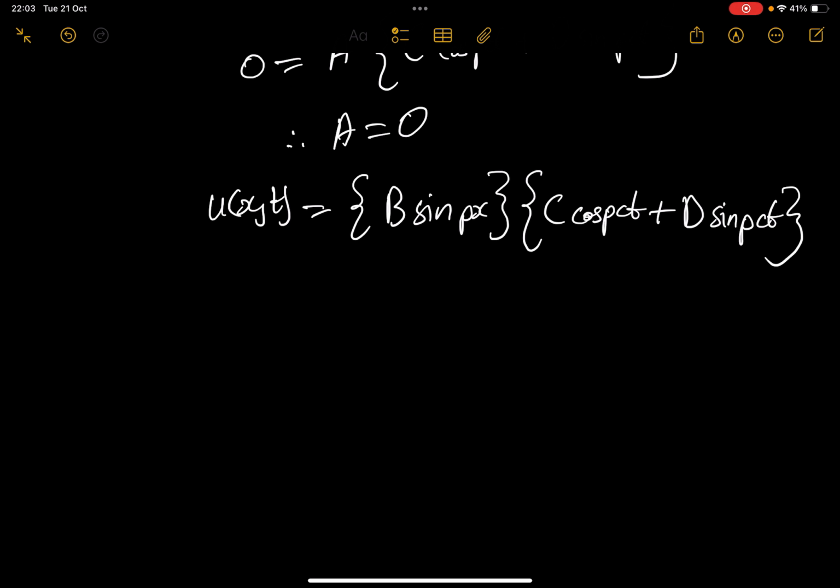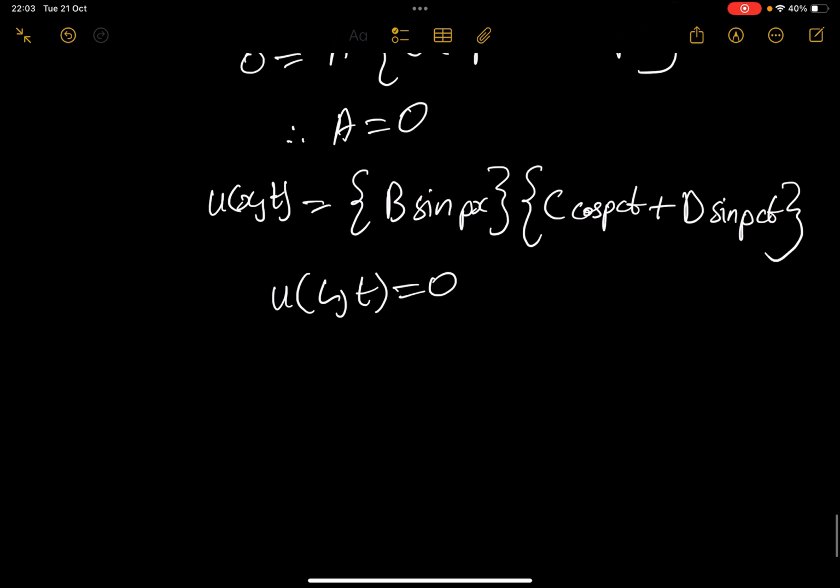So now from here, what do we do? We evaluate the second boundary condition. If we evaluate the second boundary condition at x equal to L, at t, the displacement is 0.